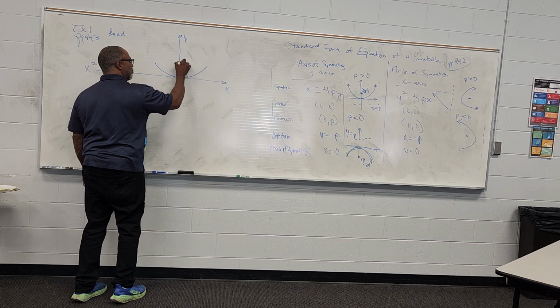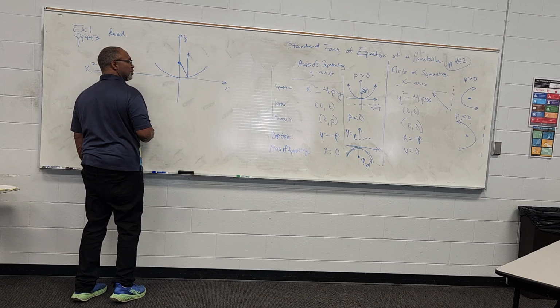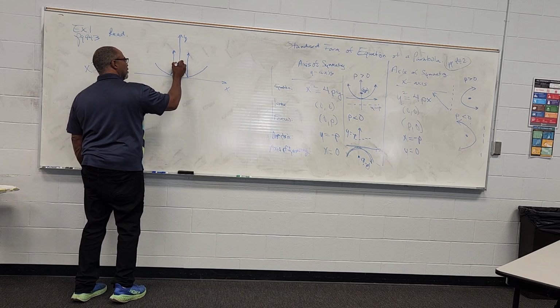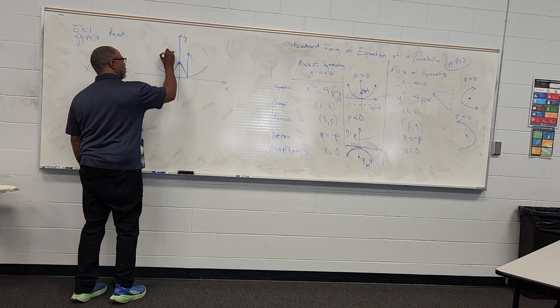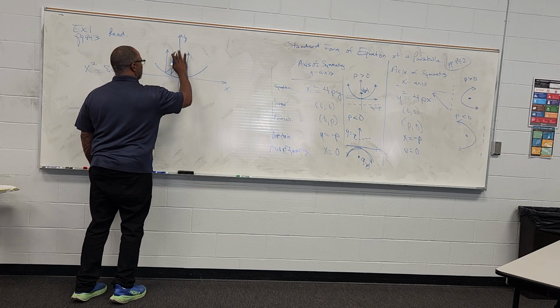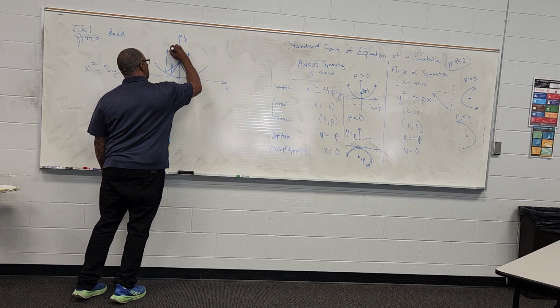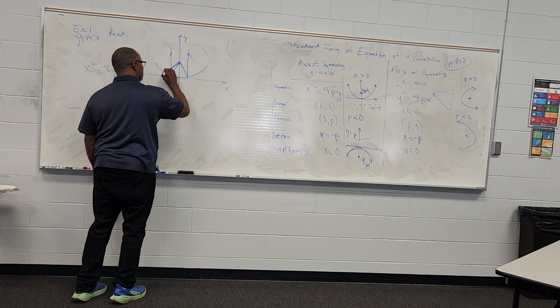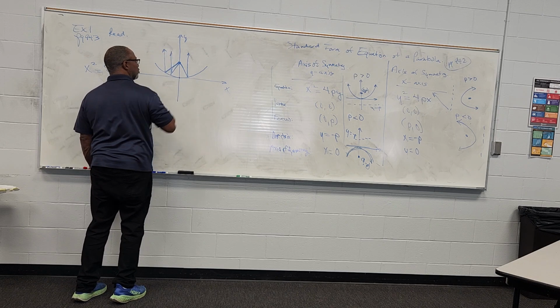Whenever you hit a parabolic mirror, the light reflects back vertically. If it comes down here, it hits the mirror, it goes up vertically, and it should be perfectly vertical. All of these should be parallel to the y-axis. When light hits a parabolic mirror from the focus, it goes straight up.